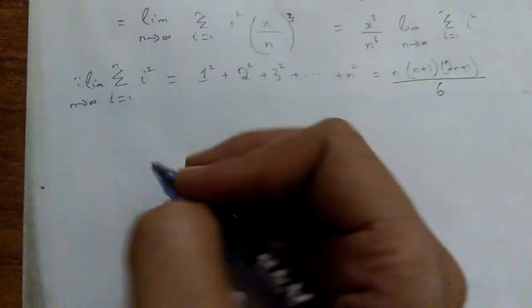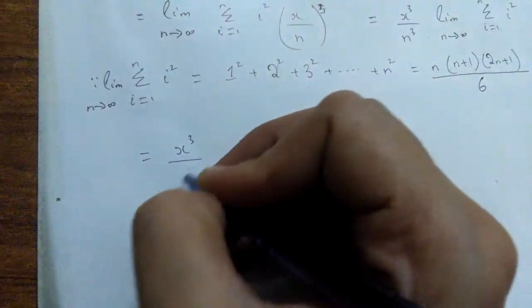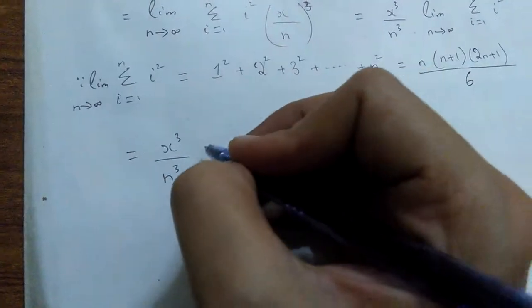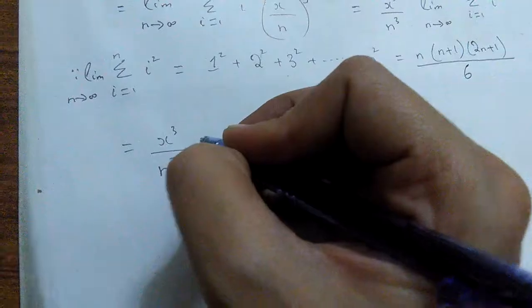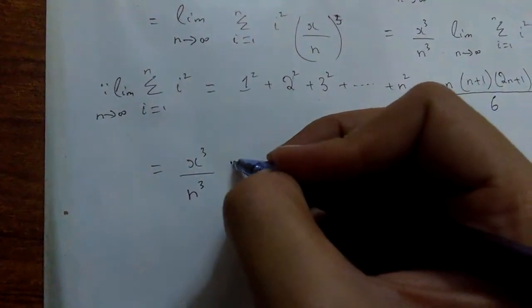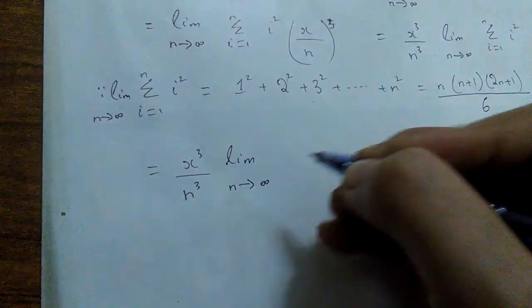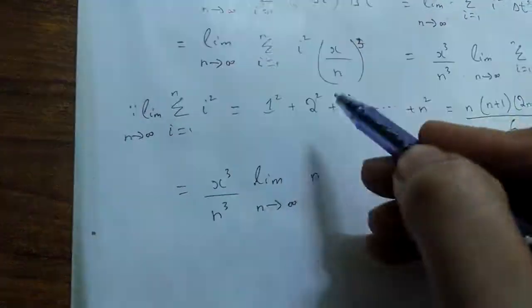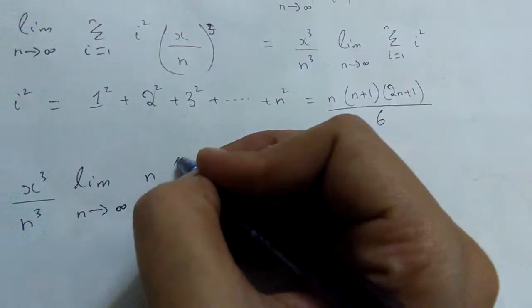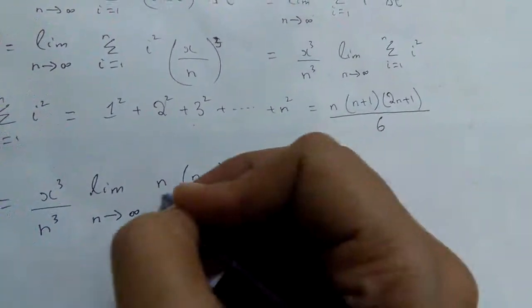All right, so let us continue in the next line. So this thing is going to be x cubed upon n cubed, and it is going to be replaced by this stuff. Limit n approaching infinity, and the summation of this thing is equal to this, n times (n plus 1) times (2n plus 1) upon 6.